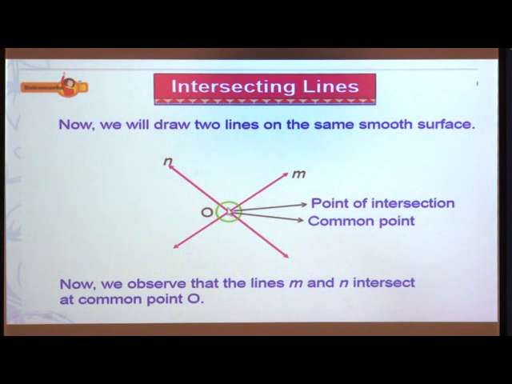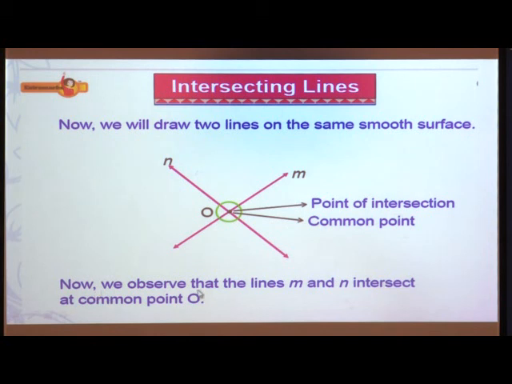So, the point where the 2 lines meet is called a common point. And the same point is also called the point of intersection.